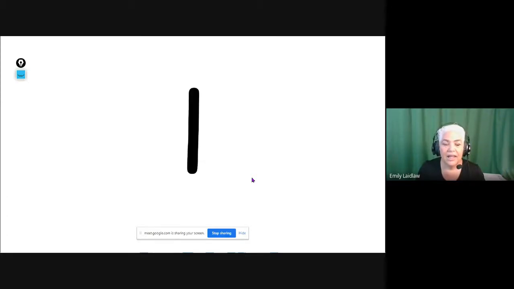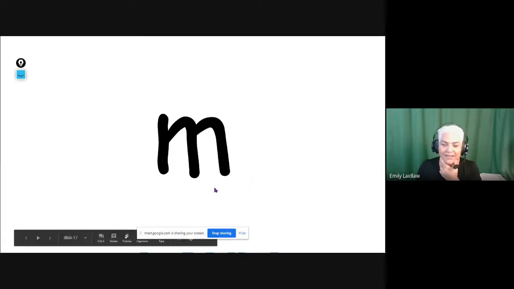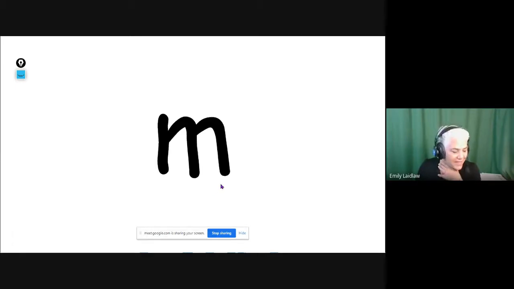We want to make sure, do they have their tongue up when they say this sound? And your lips are closed. It is a nasal sound. So nasal sounds sometimes change the sound of the vowel in front of it a little bit.